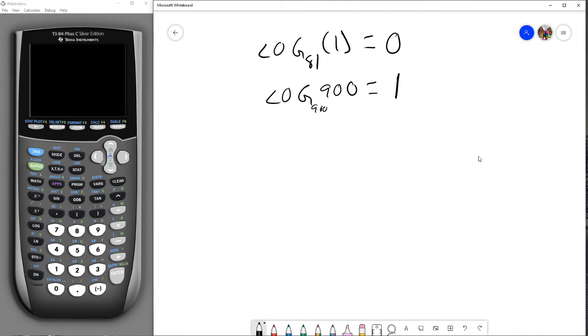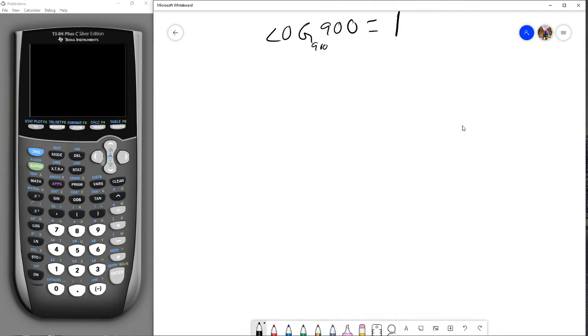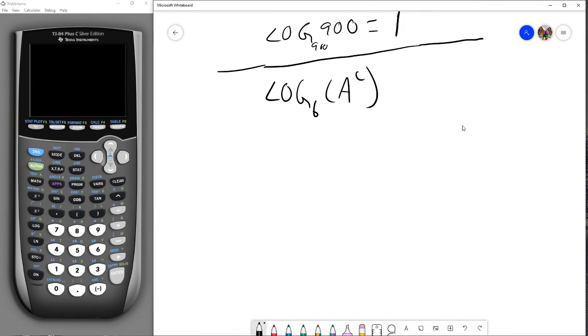Now, here's a new question. What if we have log base b of a to the c? Notice what's inside our log is an exponential, but it has a different base than our logarithm. So let's go ahead and think about this.